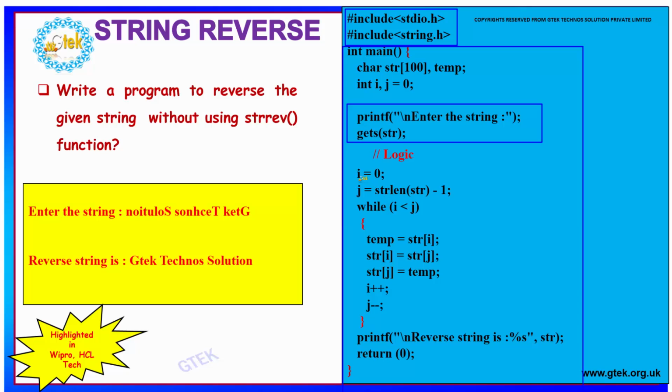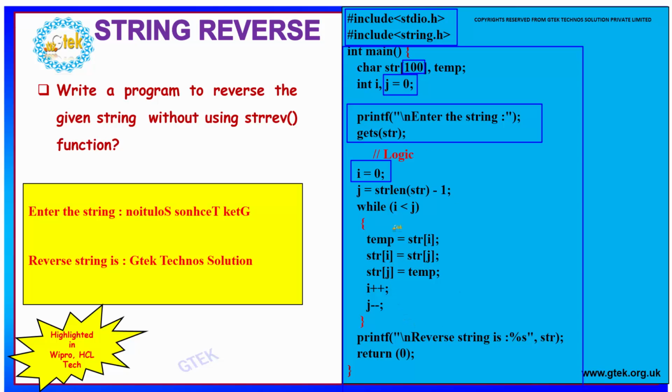Further, we are assigning the value of I to be 0 and j is already initialized to 0 over here. We are having an array called str and the length is 100. So using the array str, how are we going to find the reverse of the string?